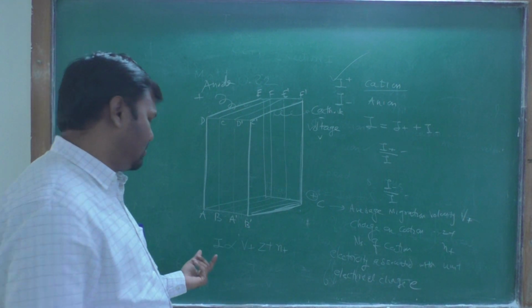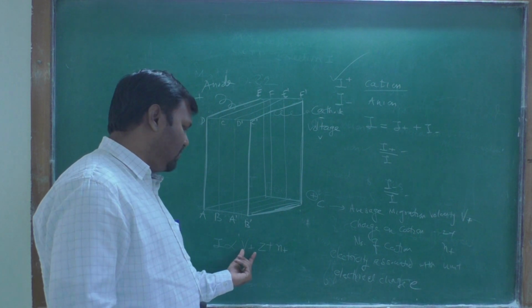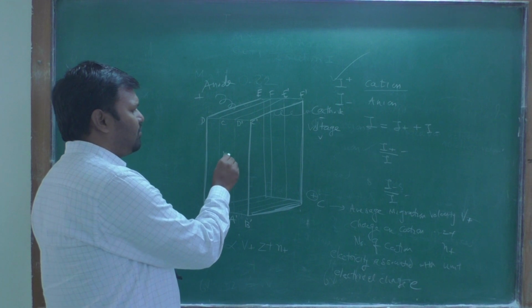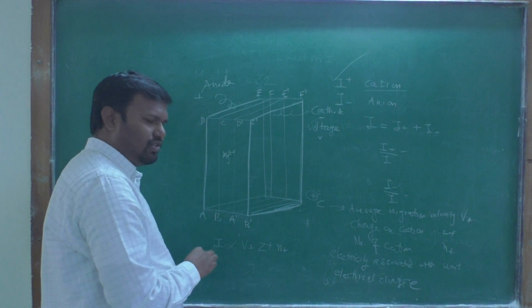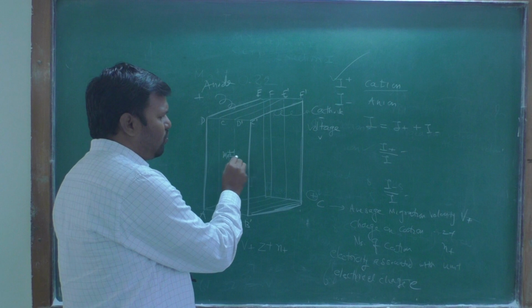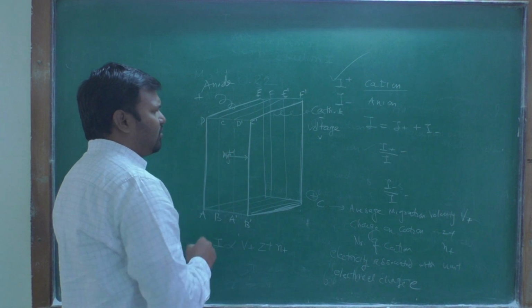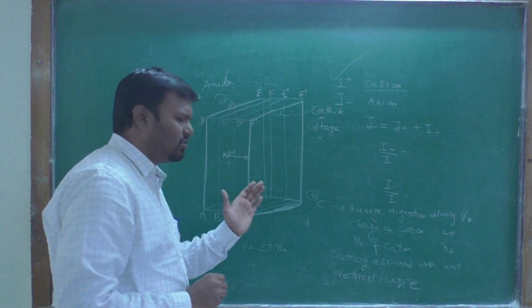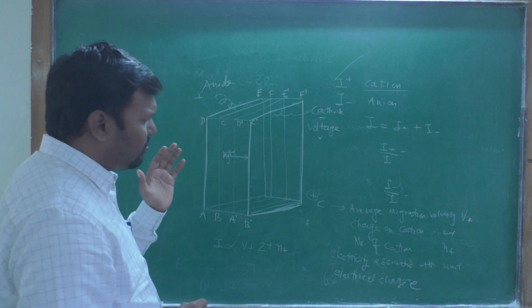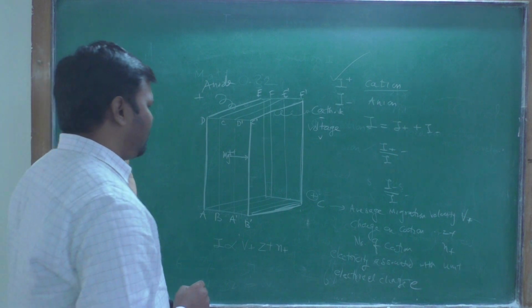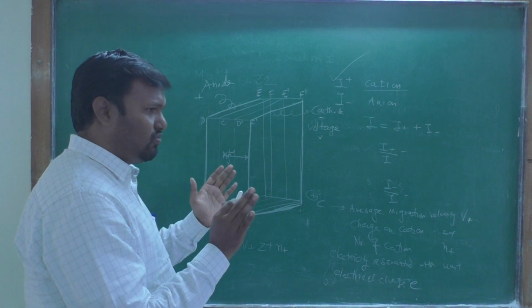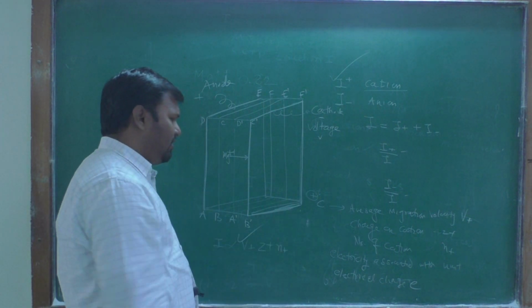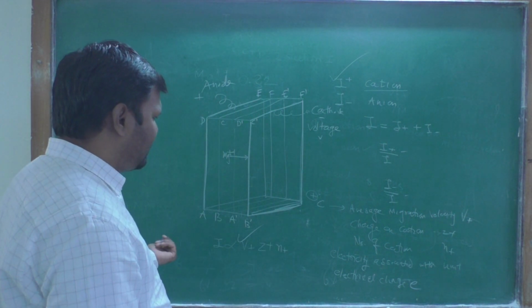If the velocity is fast, for Mg plus plus, it moves fast towards your cathode, that is the negatively charged electrode. Fast movement gives more current. Therefore, higher velocity gives higher current.